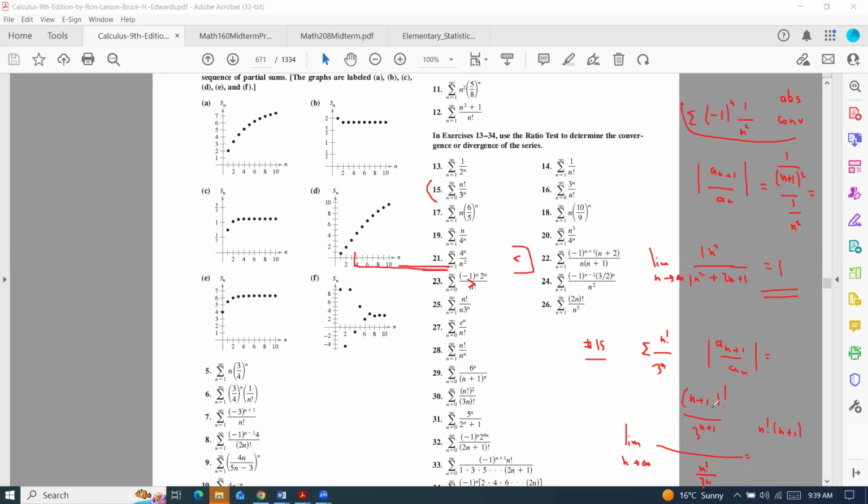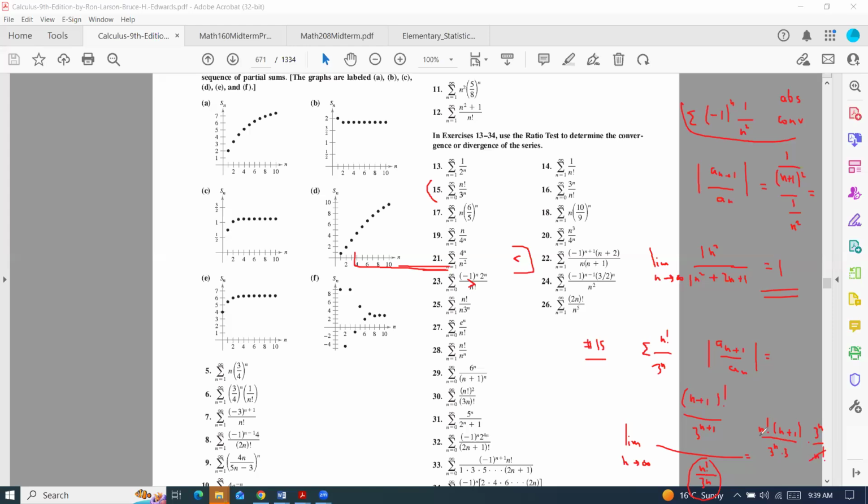It's n times n minus 1, n minus 2, all the way to 1. But I don't need to continue, because all I have is n factorial that will cancel with n factorial from the bottom. So I take this denominator and flip it, putting 3 to the power of n on the top and n factorial on the bottom.